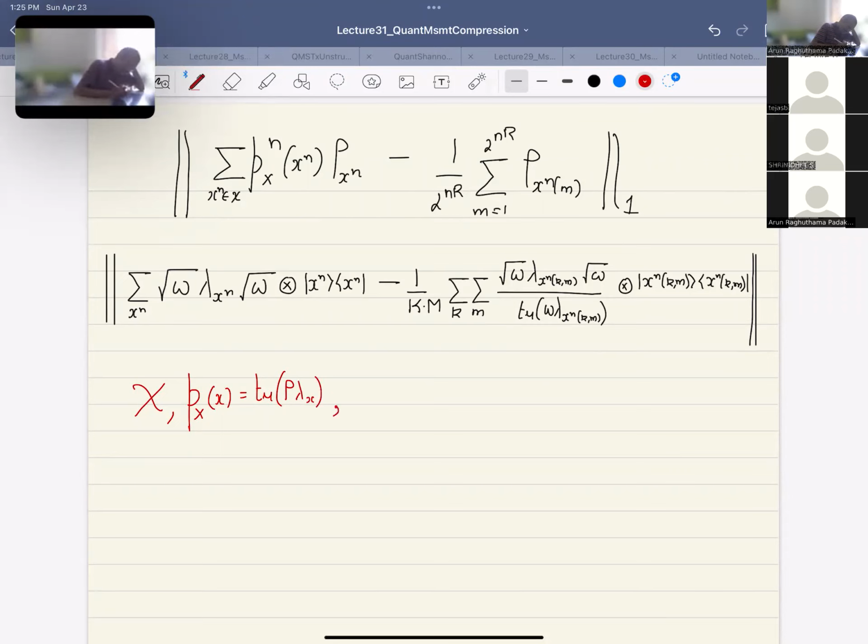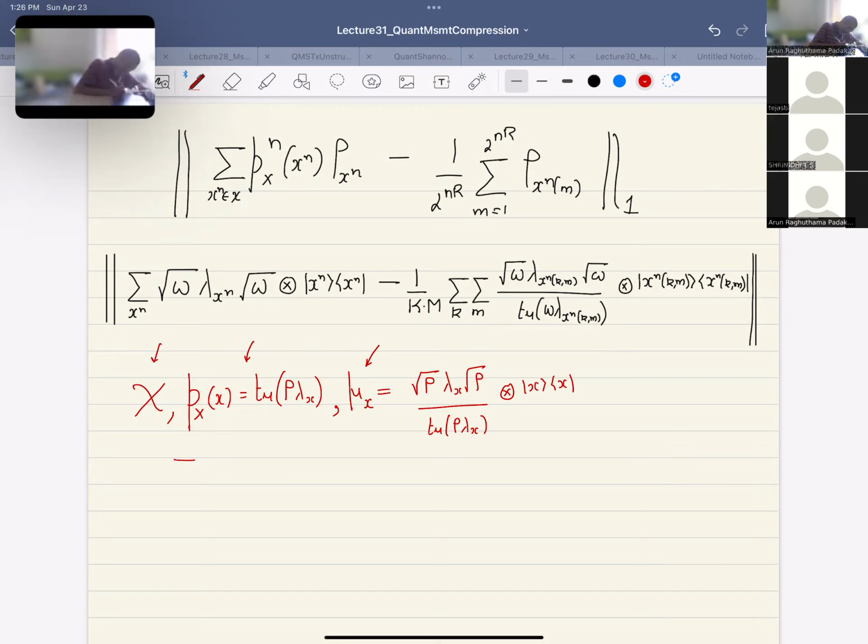What is my state? My state, that is mu x, mu little x, right? I have to define a set, I have to define a distribution on that set, and for each element in that set, I will give you a density operator. I'm going to define it as root rho lambda x root rho divided by trace rho lambda x, tensor xx. This is my state. This is my mu x.